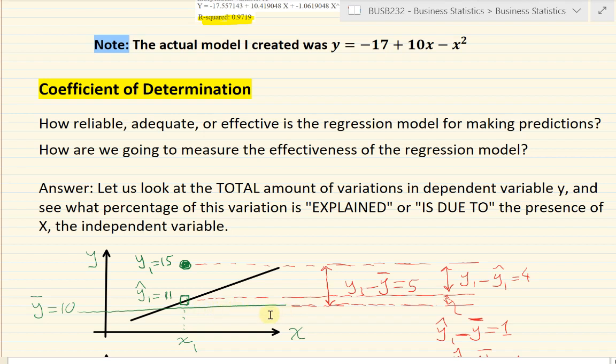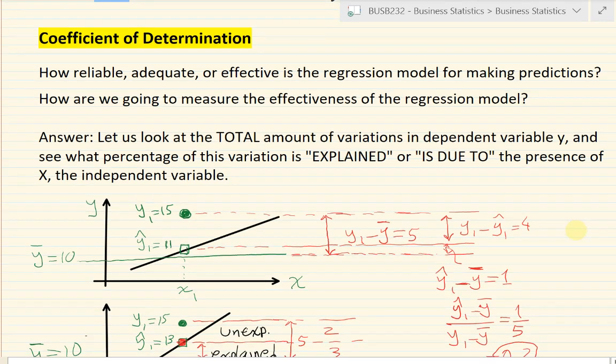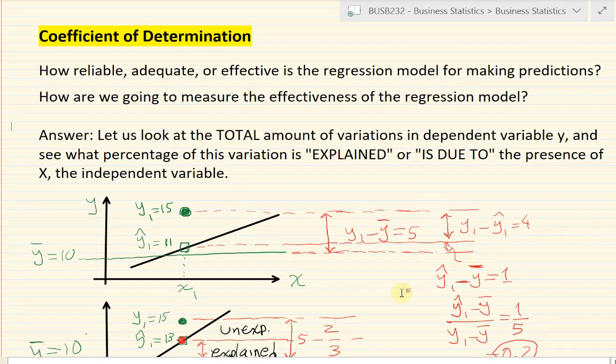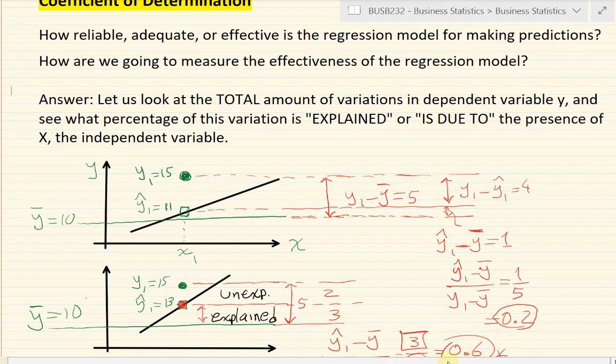So this 5 unit distance can be broken into the distance from the top to the square, which is 4 units, and from the square to the line, which is 1 unit. If I take the ratio of 1 to the total deviation, that gives me 0.2.